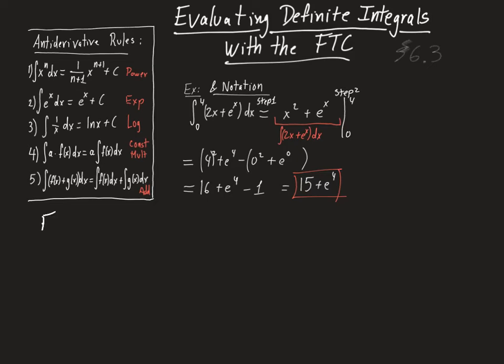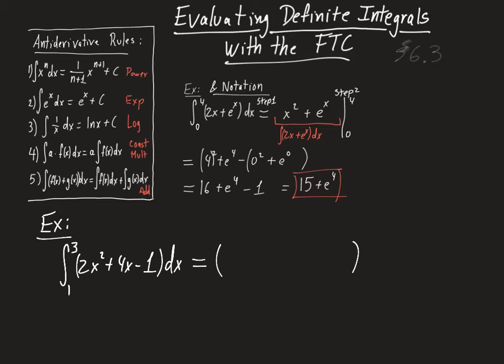Let's do another example. Let's take the integral from 1 to 3 of 2x squared plus 4x minus 1 dx. Okay. So we're going to have to use the power rule a bunch of times here.